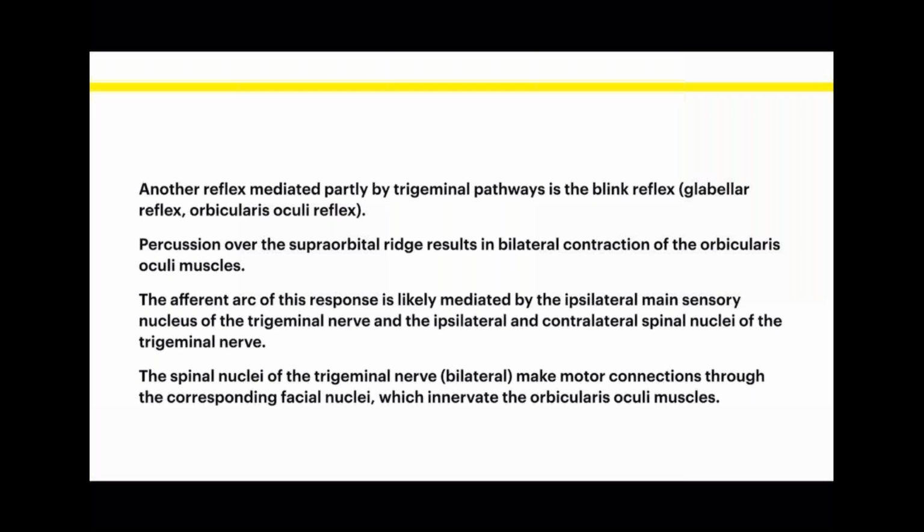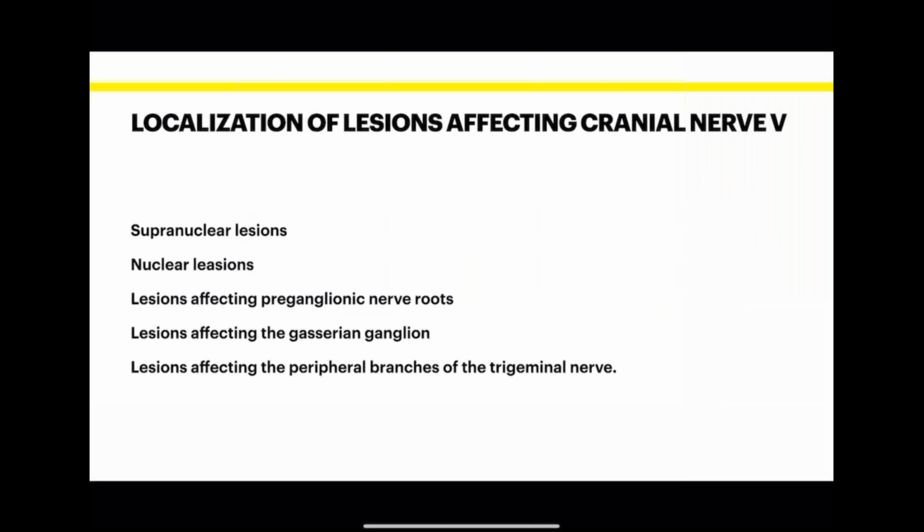Then from the spinal nucleus, it gives the signal to both seventh cranial nerves for the orbicularis oculi muscles to help close the eyes. Usually we don't test this regularly, in contrast to the corneal reflex.